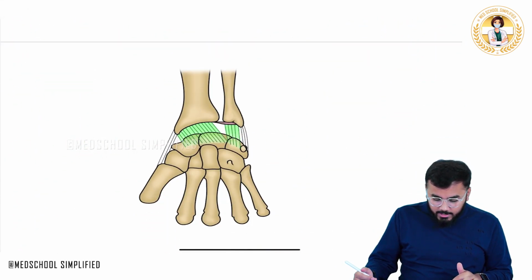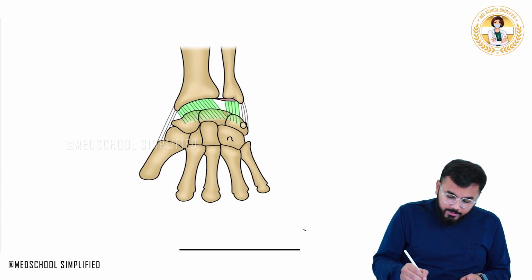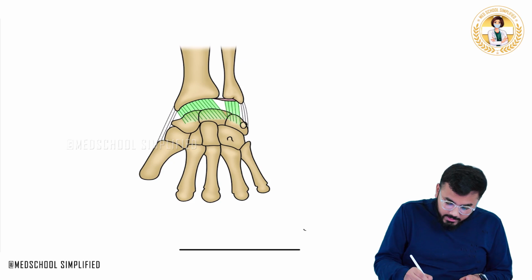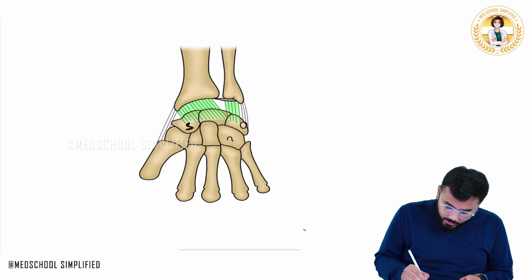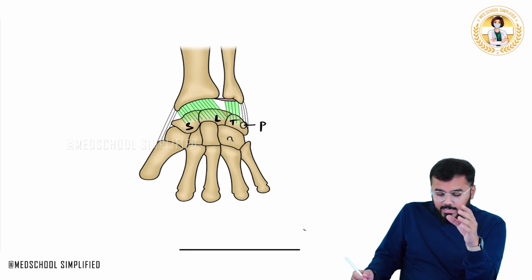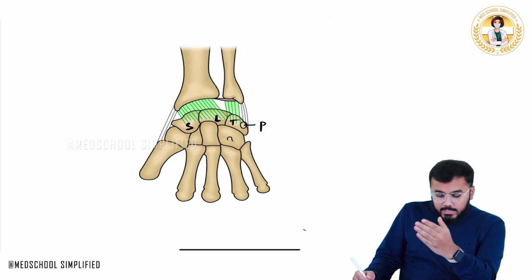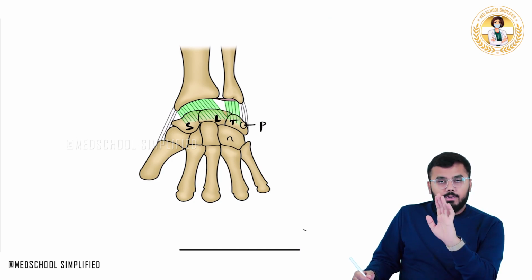Now let us look at the remaining ligaments here, right? Look here, there is one ligament, and by the way, let me name it here. This is scaphoid, this is lunate, this is triquetrum, and this small one is pisiform, right? Now there is a ligament that is attached all the way from the radius till scaphoid and lunate, right?